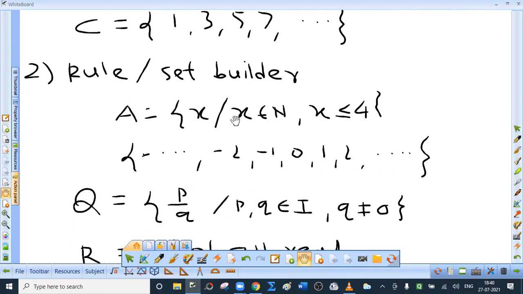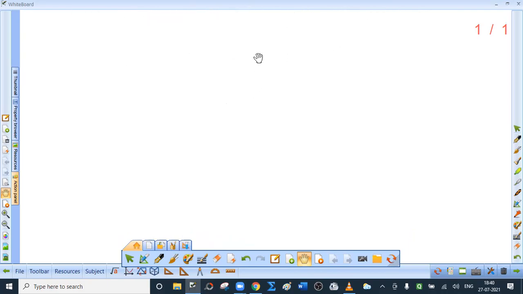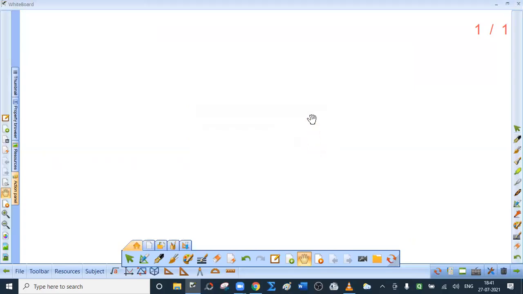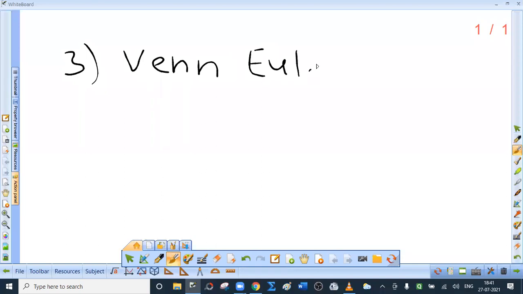So this is how we can represent the set using the second method, which is called the rule method or set builder form. Now, which is the third method? Actually, credit should be given to these two gentlemen, Euler and Venn.